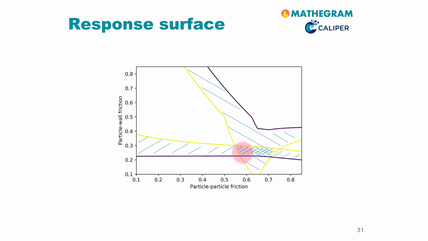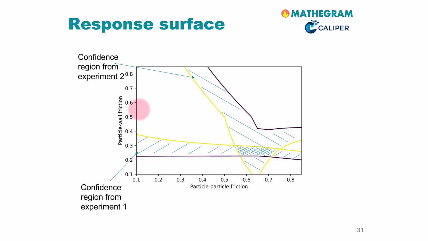And this is what it means to do a response surface-based calibration, namely to overlay at the end those intersecting lines. So again, the confidence region from experiment 1 and the confidence region from experiment 2 are overlaid to arrive at the overlapping region that is then the result of our calibration procedure.